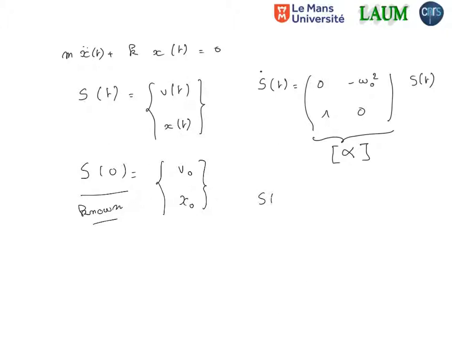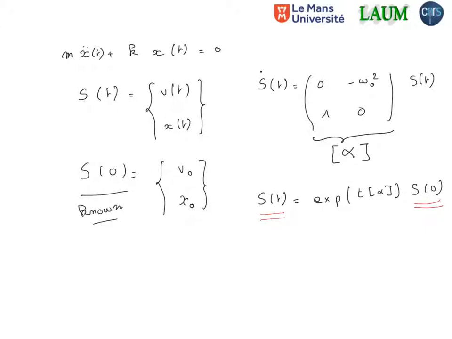If we apply the concept of exponential of matrix, we know that s of t can be directly written as the exponential of t multiplied by alpha, times s of 0. Here we have clearly the link between my initial condition s of 0 and the state of my system at time t.